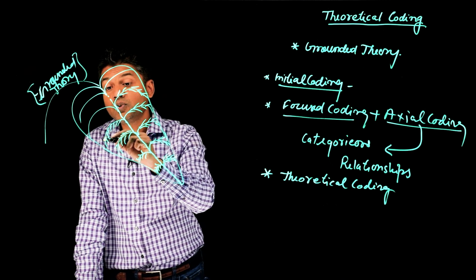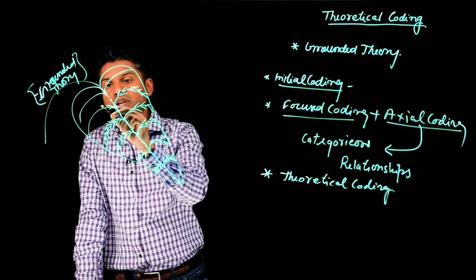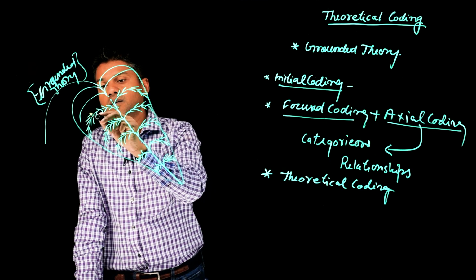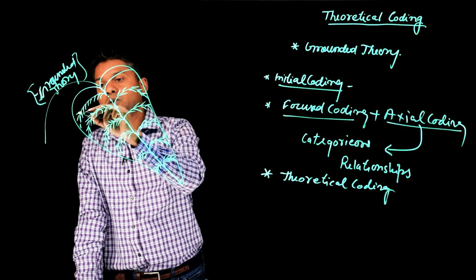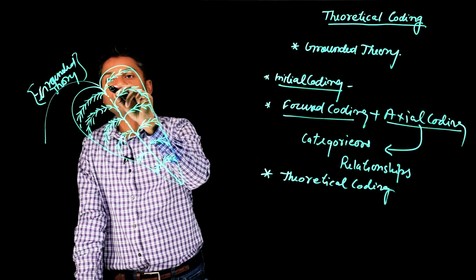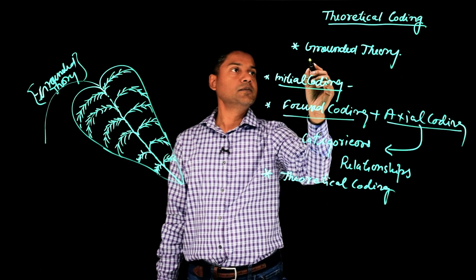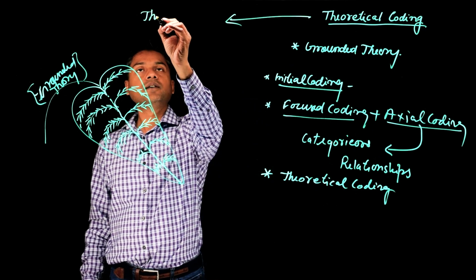Because I need more data, that means something like recruiting participants that help me develop these categories even further. So what I do, similar to theoretical coding, is start with theoretical sampling.